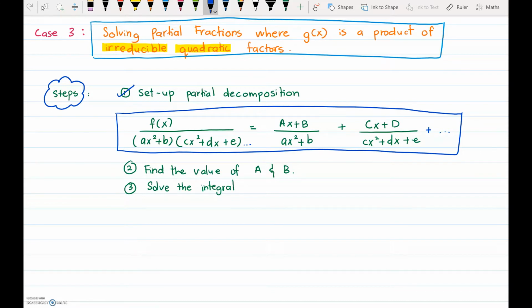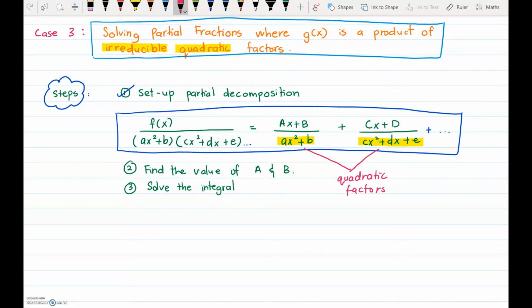So we have two forms of the quadratic factors here. Either you have the form ax² + b, or you have the form cx² + dx + e. Both forms of function here are called quadratic factors.